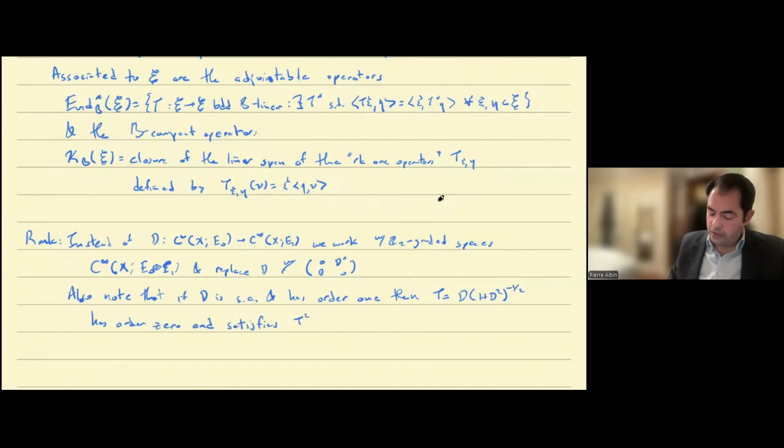And it satisfies that T squared minus the identity, which would be just minus 1 plus D squared to the minus 1, is, say, a pseudo-differential operator of order minus 2. And so in particular, it gives you a compact. That's true even if you're working with B elliptic operators.